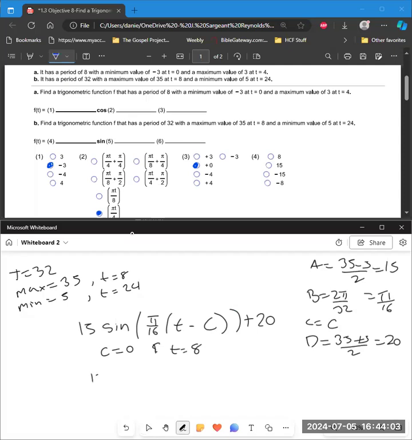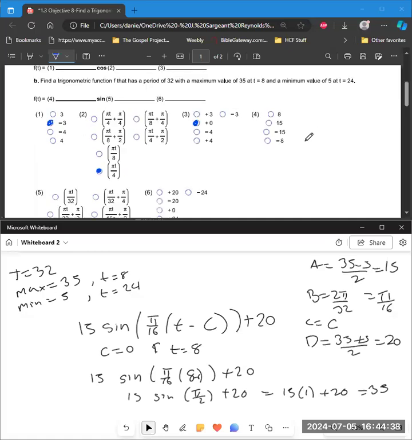So 15 sine of pi over 16 of 8 minus 0 plus 20, 15 sine of pi over 2 plus 20 is 15 times 1 plus 20, which equals 35, and that is what I'm supposed to get.